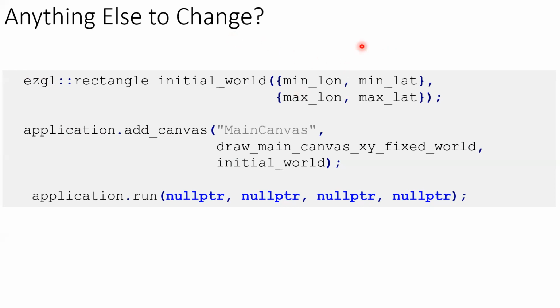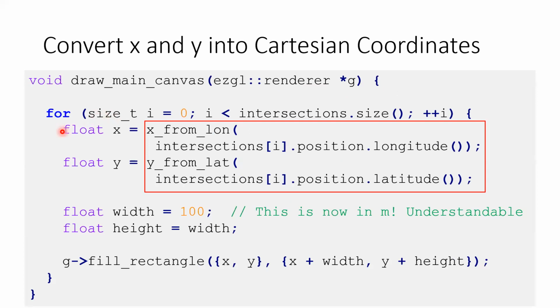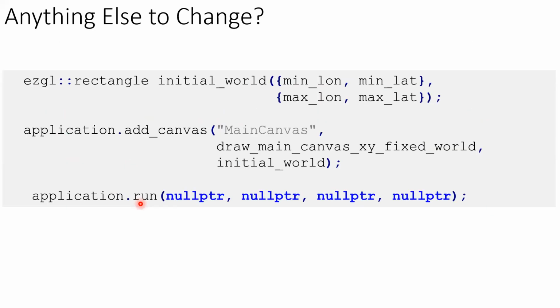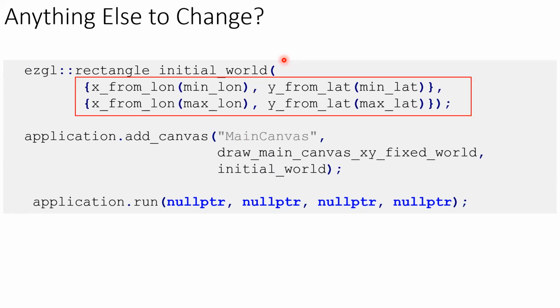We want to change the coordinate system, right? Previously, we were using lat long, but now we are drawing with Cartesian x and y. We want to also change the coordinate system to be x and y instead of lat long.